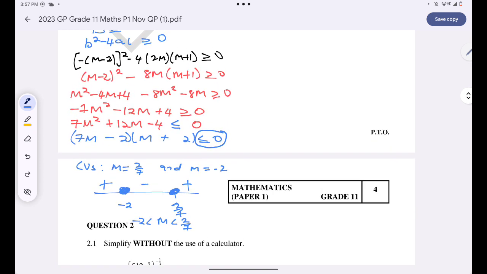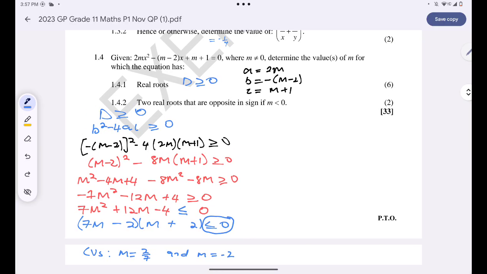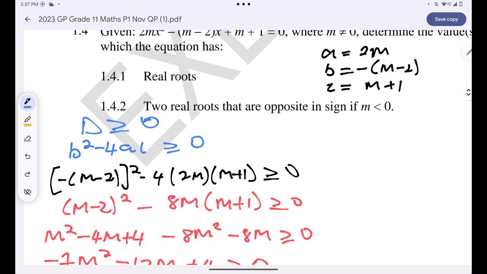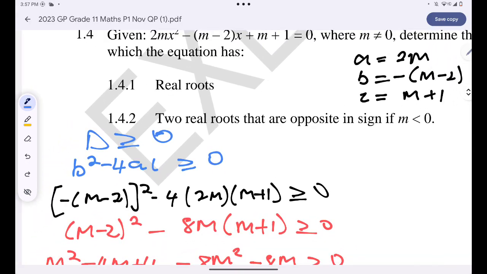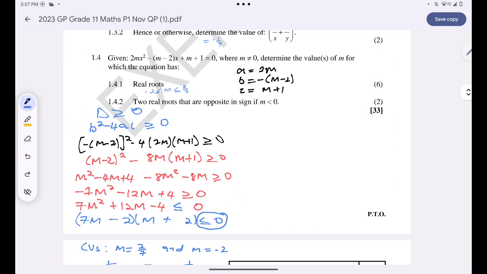That's how, guys, you're supposed to solve that question, finding the values of m if the roots are real. Just know that m must be between negative 2 and 2 over 7, and both of the critical values are included.